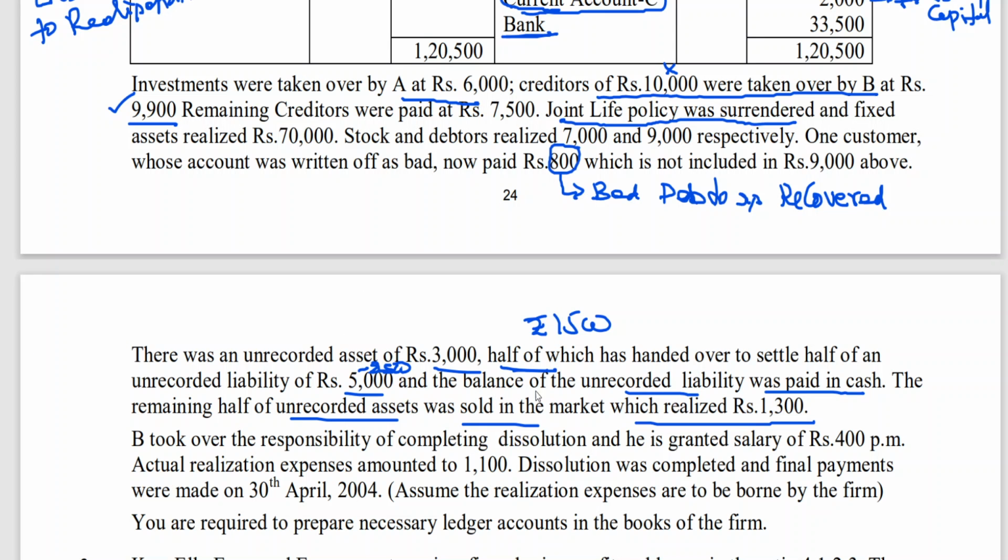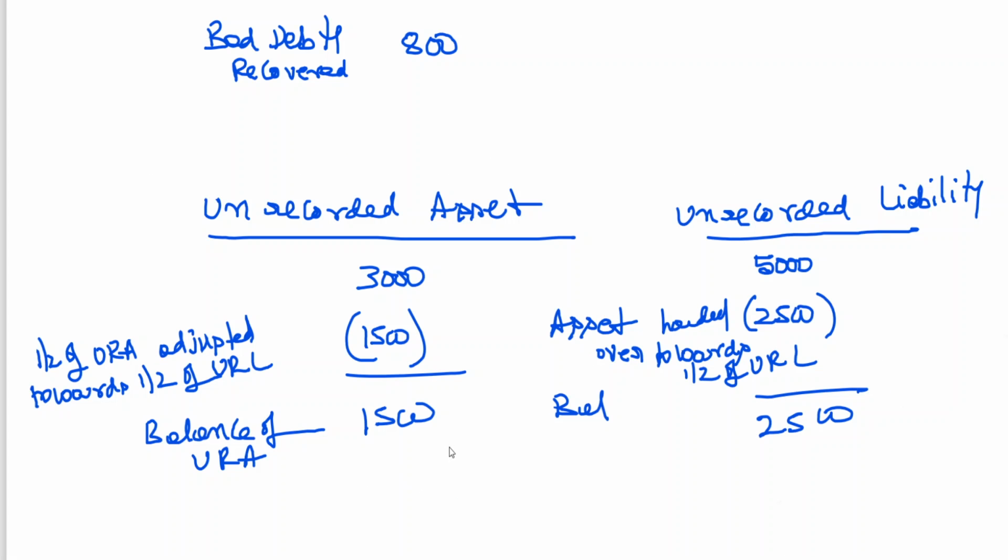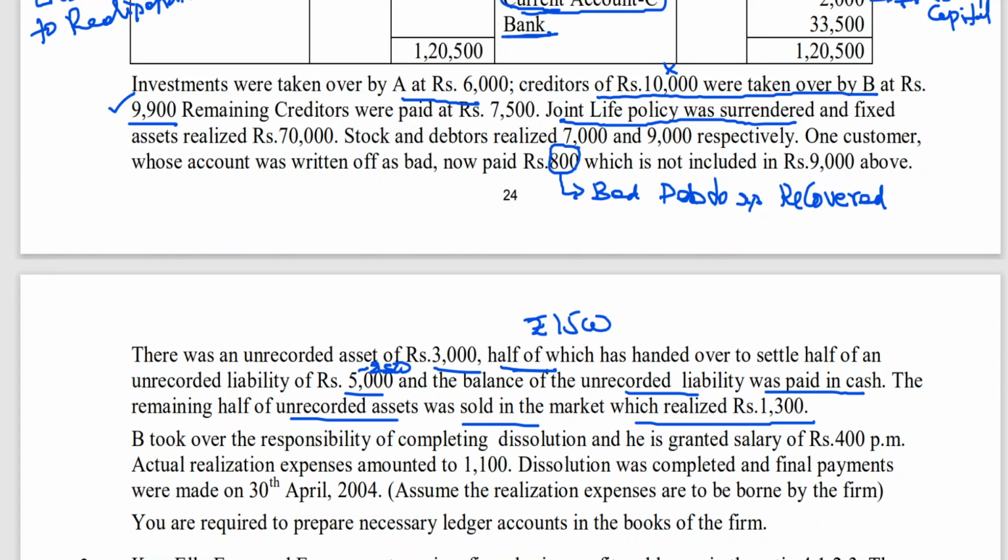Then he said, and the balance of the unrecorded liability was paid in cash. The remaining half of the unrecorded asset was sold in the market, which realized 1,300. Now coming back to this, the 1,500 balance of unrecorded asset was sold in the market for 1,300.